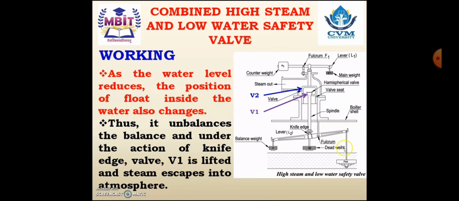So when the water level reduces, the float will come down, and due to that it will lift the spindle, and it will lift valve V1, and valve V1 will be opened, and due to that steam escapes into the atmosphere.